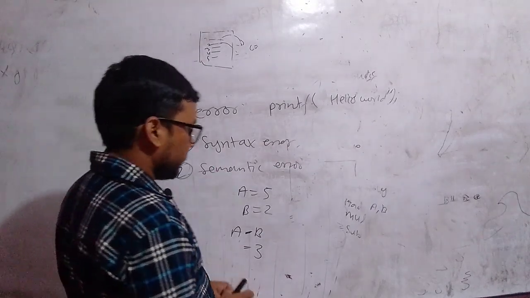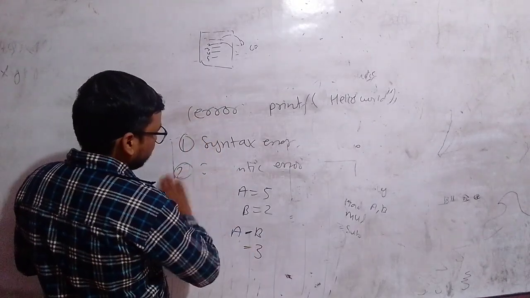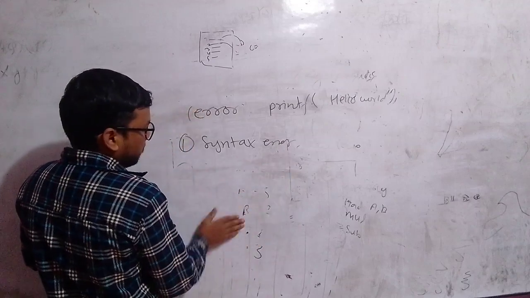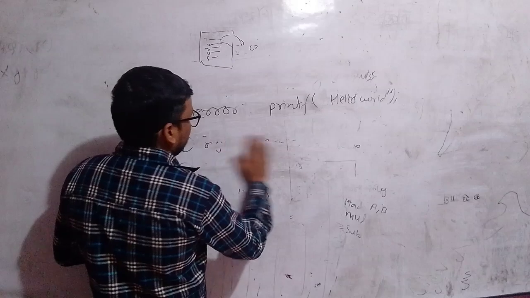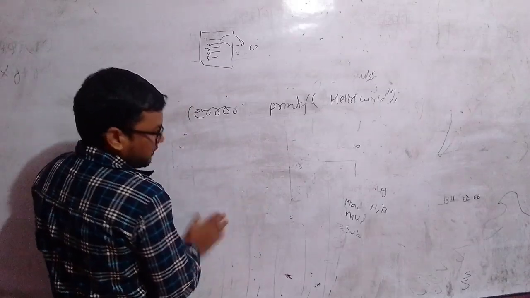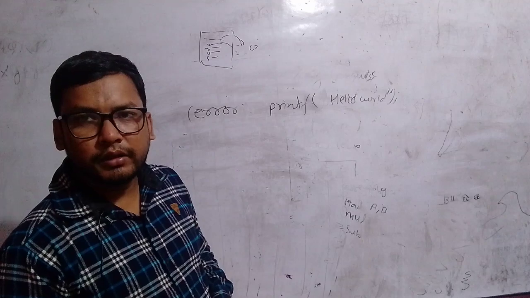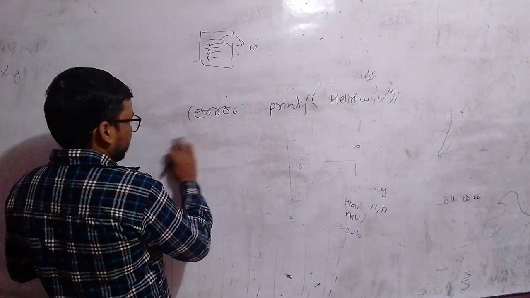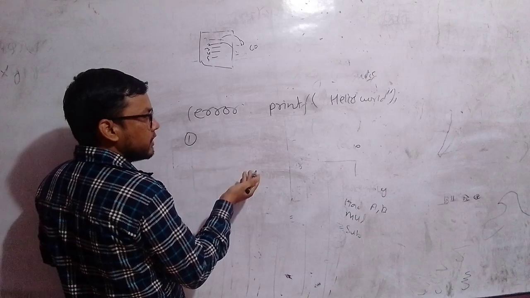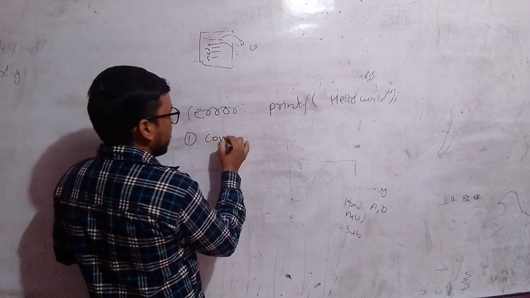These are the most common types of error: compile time error and runtime error. We can categorize errors based on when the error comes.